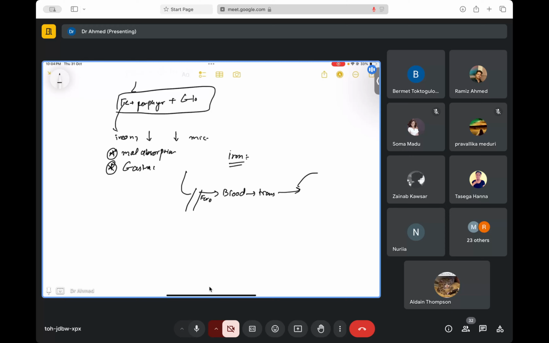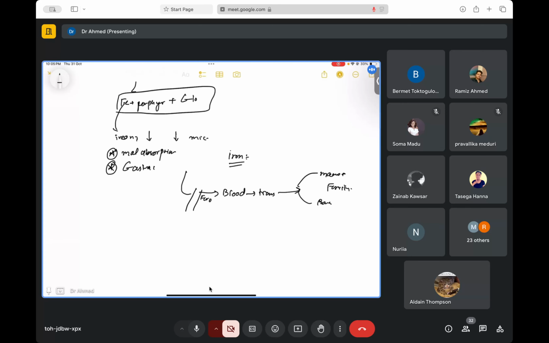It's going to transfer the iron into two main reservoirs, macrophages plus bone marrow. And the main reservoir in which your iron is stored is ferritin. Perfect.